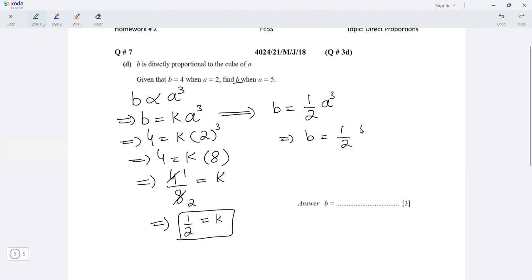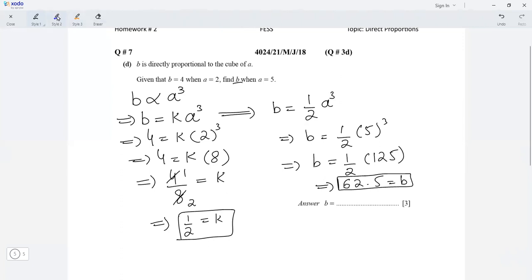So 1 by 2 and 5 cubed. What's 5 cubed? 5 times 5 times 5 is 125. So 125 divided by 2, you can check in rough work, results in 62.5. So the value of b is 62.5. Write down this answer in the section given below. So this is the answer for b.